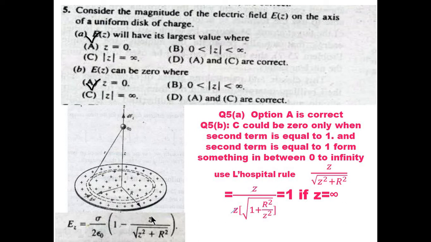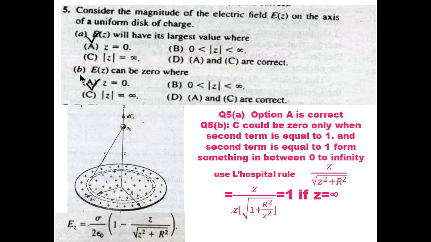For the largest value to occur, the only option is z is equal to 0. So when z is equal to 0, 1 minus 0 you get 1, and you are having the largest EZ. So option A is the only correct option. This is incorrect, this is also incorrect, and this is also incorrect. So option A is the only possibility when E of z will have its largest value.